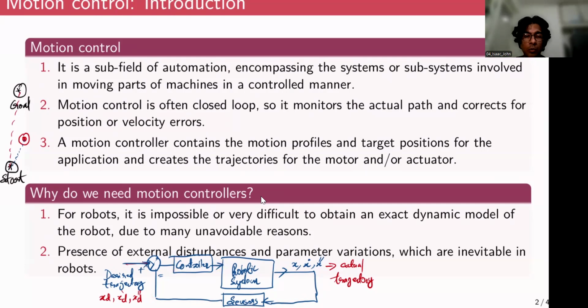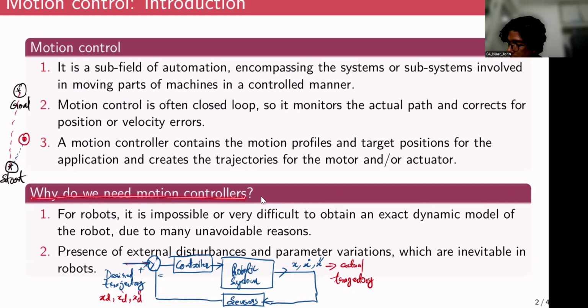So that's how a typical control loop of a robotic system would look, and we would be discussing how to design certain control laws in order to achieve performance characteristics. All right, so that's a brief overview of motion control and why we need motion controllers.